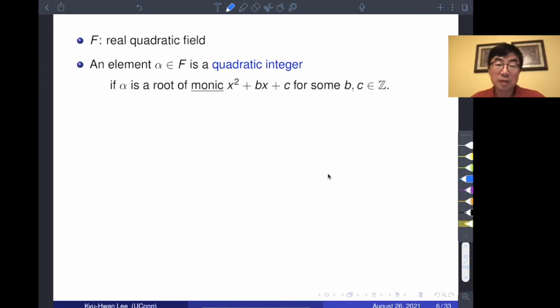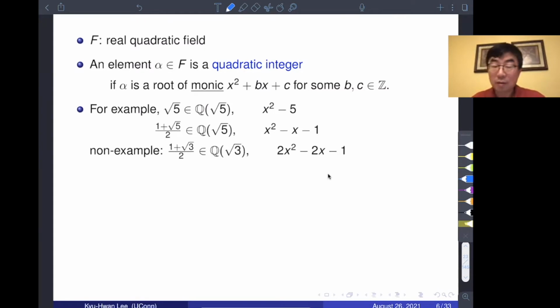An element alpha in F is a quadratic integer if it is a root of a monic quadratic polynomial. For example, square root of 5 is a quadratic integer. And this number, 1 plus square root of 5 over 2, is another quadratic integer because it's a root of this monic polynomial.